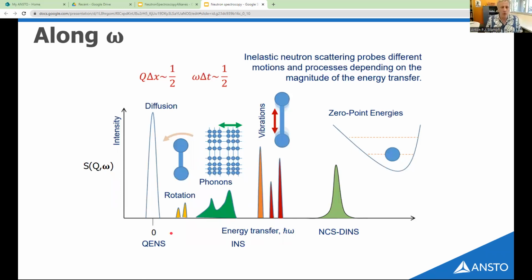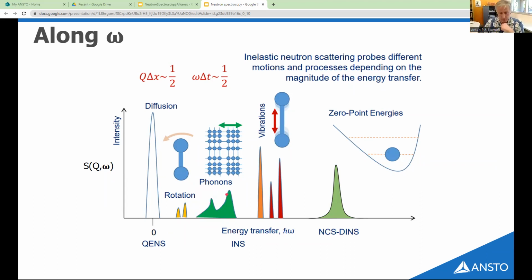Along omega, which is the transfer energy, we're seeing what we would call resonances occurring, because the energy that we're probing, the neutron energy, the thermal energy, or the cold energies, or the higher energies, probe different states within the material. They're probing the vibrations in the material, and those vibrations resonate with the neutron coming in, and we see that in our spectrum, in the S(Q, omega).